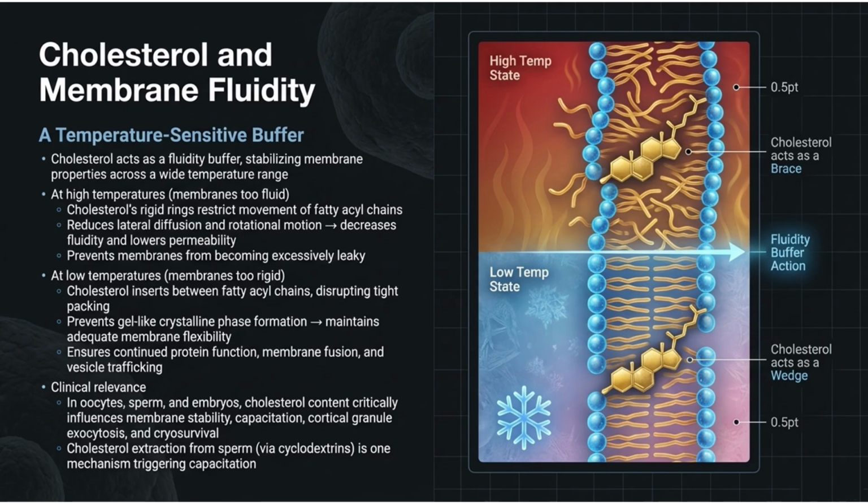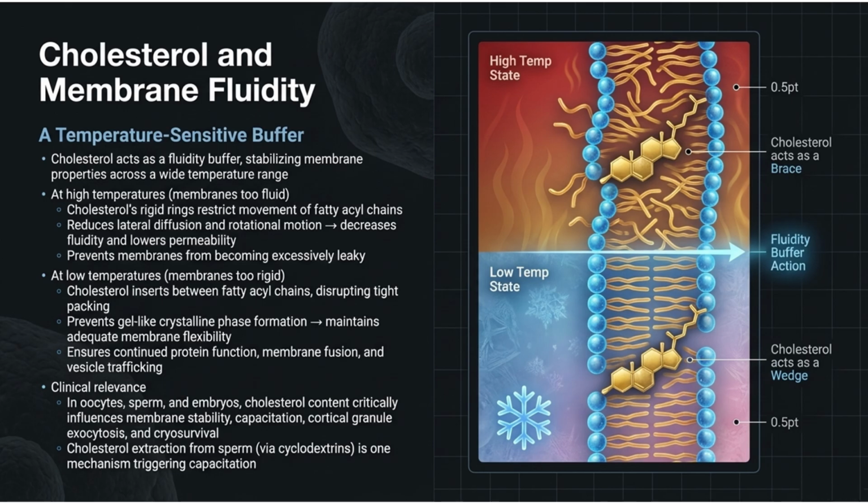The clinical relevance of this buffering function is direct and significant. In oocytes, sperm, and embryos, the cholesterol content of the plasma membrane critically influences their ability to survive cryopreservation. Membranes with suboptimal cholesterol content, too little or too much, are more vulnerable to the thermal extremes of vitrification and warming. Furthermore, cholesterol plays a specific role in sperm capacitation.